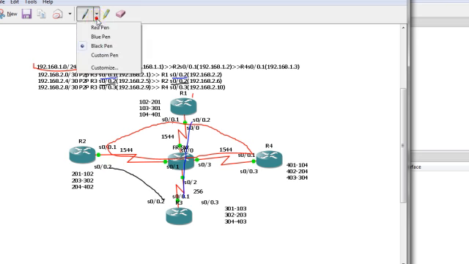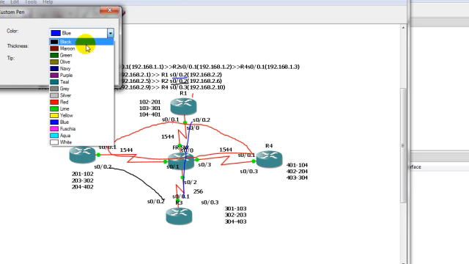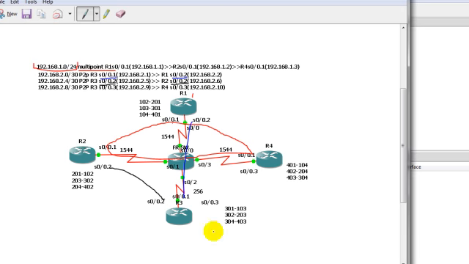And the third virtual circuit, I want to customize my color, let's say green, serial 0/0.3 connects with router 4 serial 0/0.3, also a sub-interface. So this is the third virtual circuit.